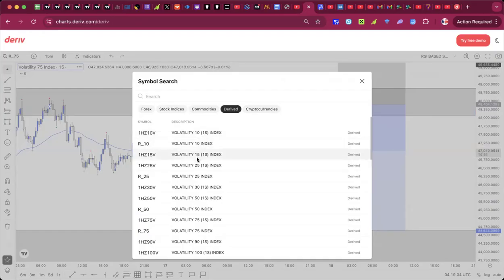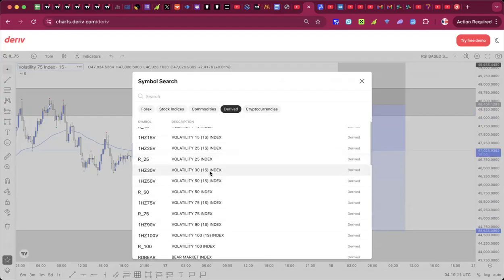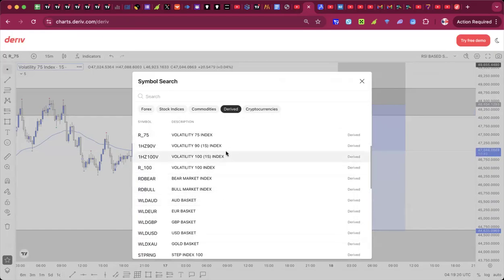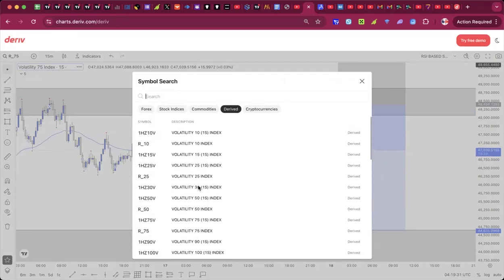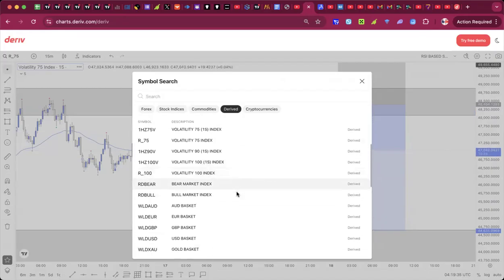There's 1S, there is volatility 15, 25, there is 30, there is 50, and 75 is very common. I do not even know that there's 90 now. So we have 100 and all of those things. I don't go into step to an extent. So what you will probably be seeing are V this, V that.